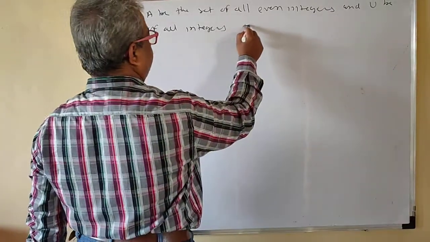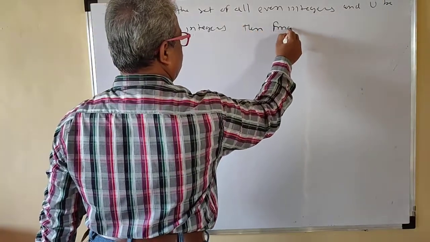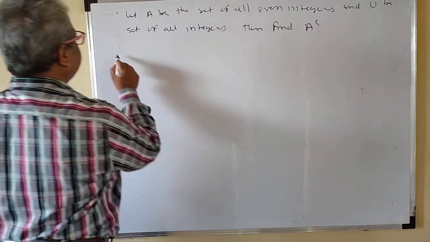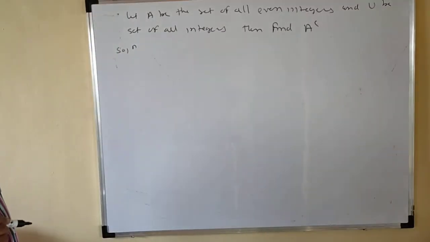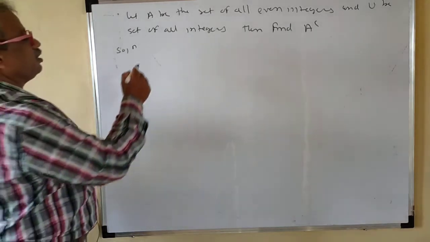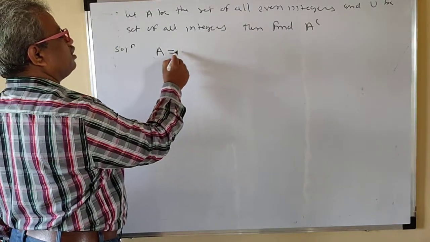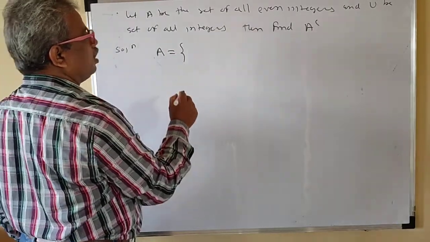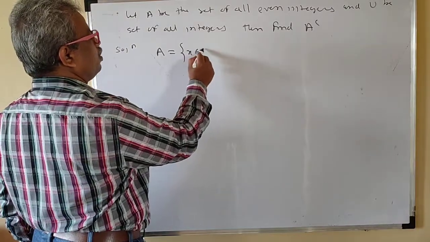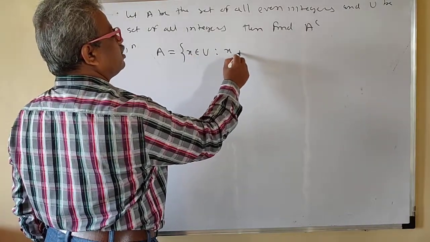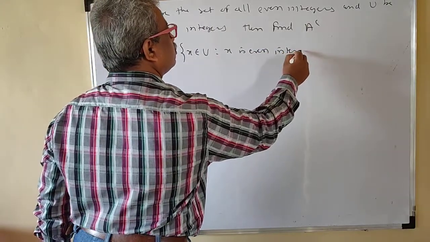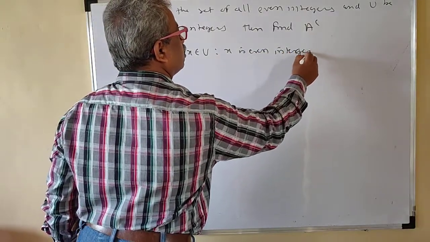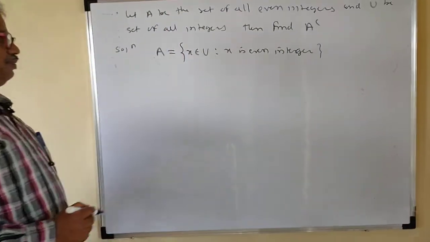Then find A complement. Okay, solution. What is given? A is the set of all even integers, that is, x belongs to U such that x is an even integer. Okay.